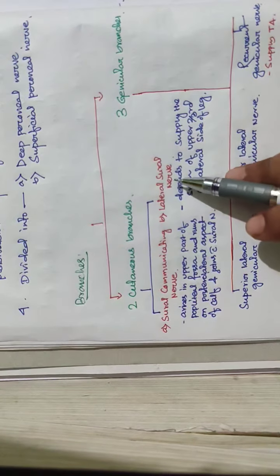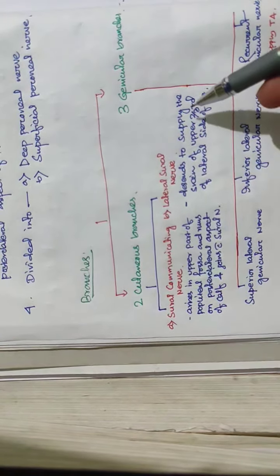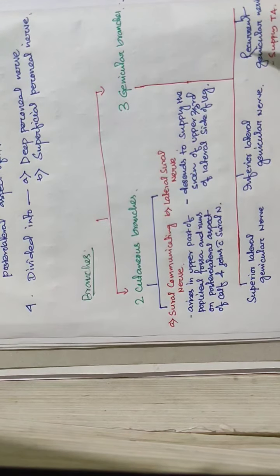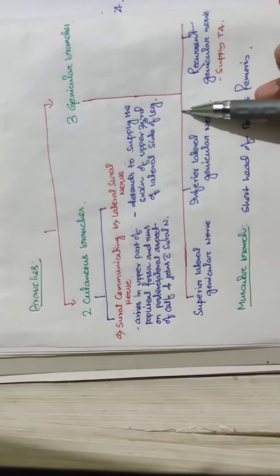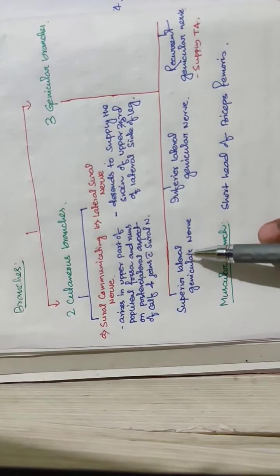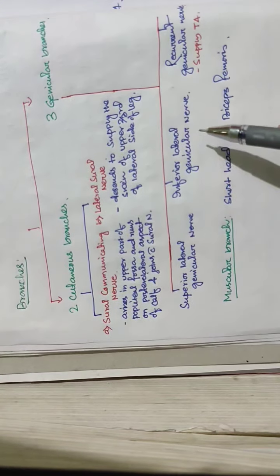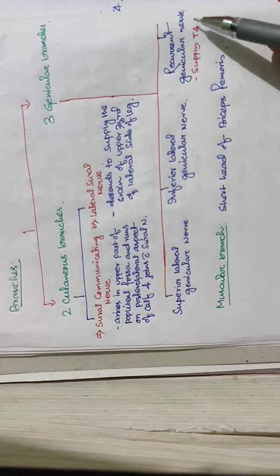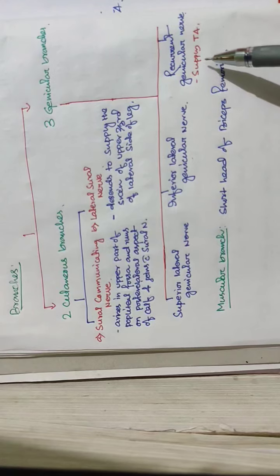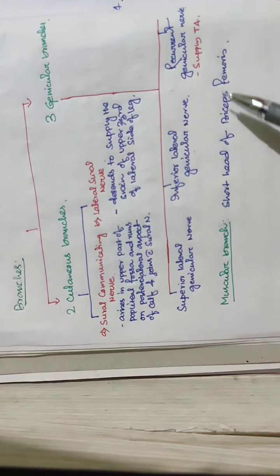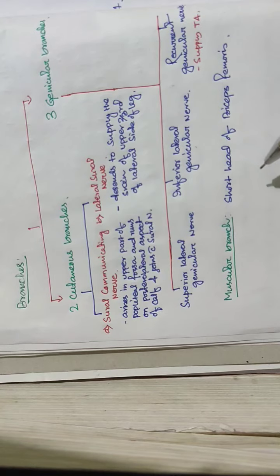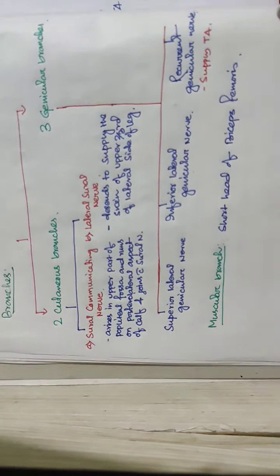And next, the lateral sural nerve descends to supply the skin of the upper two-thirds and lateral side of the leg. And three genicular branches: the superior lateral genicular nerve, inferior lateral genicular nerve, and the recurrent genicular nerve. Besides, it supplies the knee joint. It also supplies the tibialis anterior muscle. And the muscular branch sometimes may supply the short head of the biceps femoris muscle.